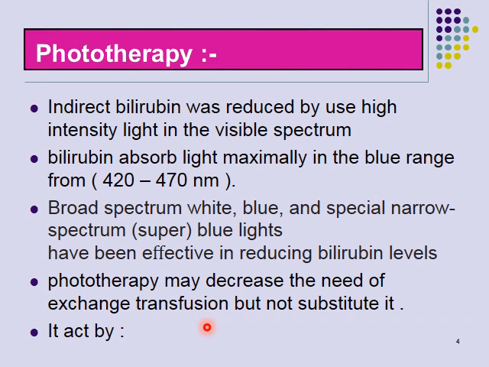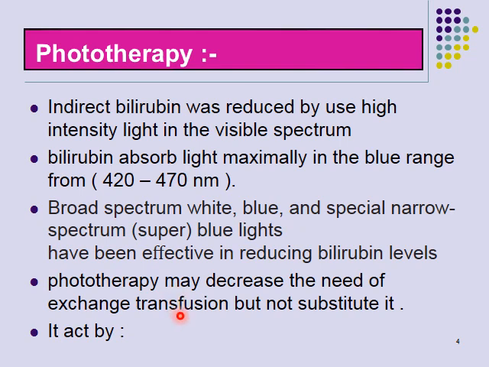In phototherapy, indirect bilirubin is reduced by use of high-intensity light in the visible spectrum, and bilirubin absorbs light maximally in the blue range, with wavelength from 420 to 470 nanometer. Also, broad spectrum white, blue, and special neurospectrum super blue light have been effective in reducing bilirubin level. Phototherapy may decrease the need for exchange transfusion but does not substitute it.